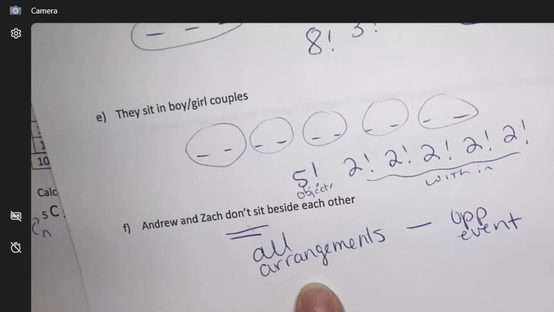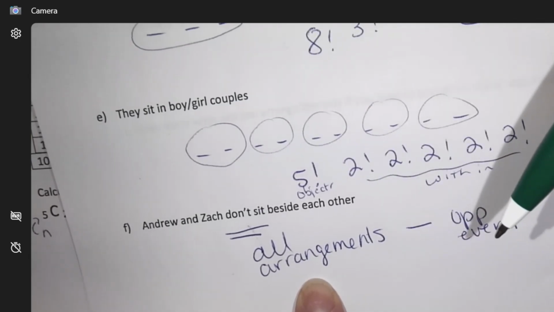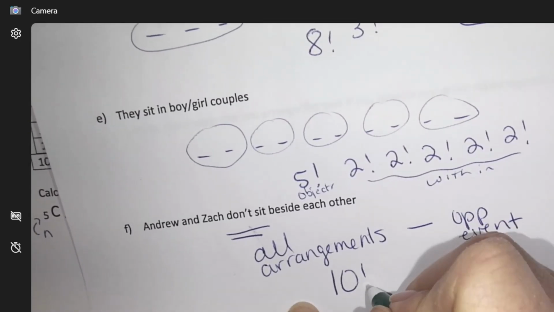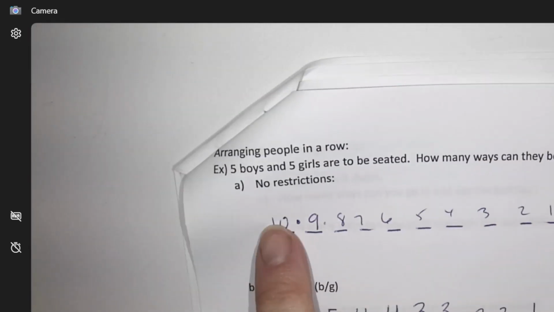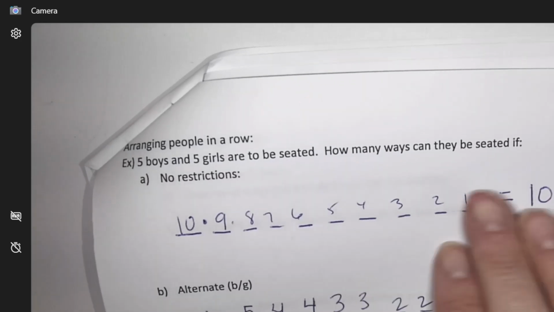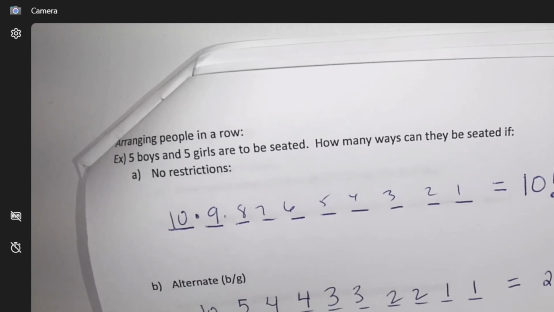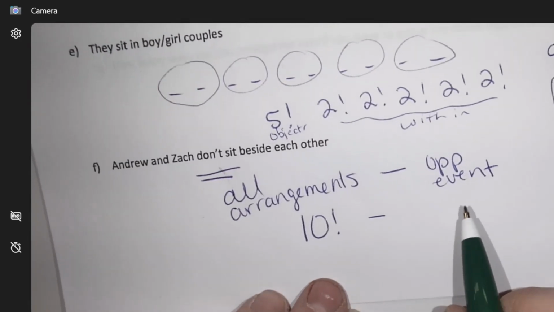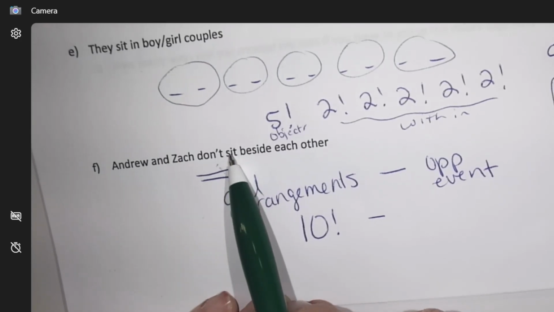Okay, so what did we do with the all arrangements? It's on our page already. Which question did we answer where it would be any arrangement possible? A, right? If there was no restrictions, this is how many arrangements there would be at all. Every arrangement possible is that. What's opposite of them not sitting beside each other?